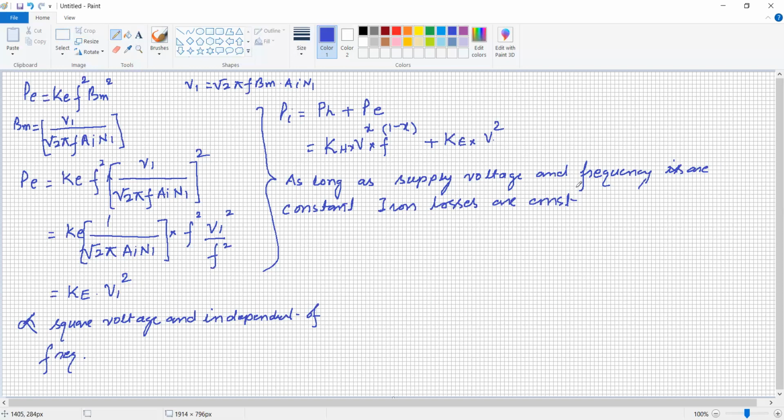This is the important one. Quantitatively, it is found that the iron losses depend upon the voltage and frequency. In the general case, the supply voltage and frequency are constant. Therefore, the iron losses are constant.